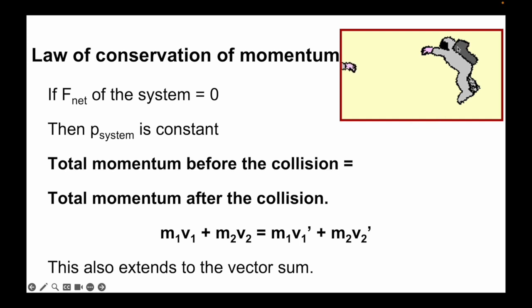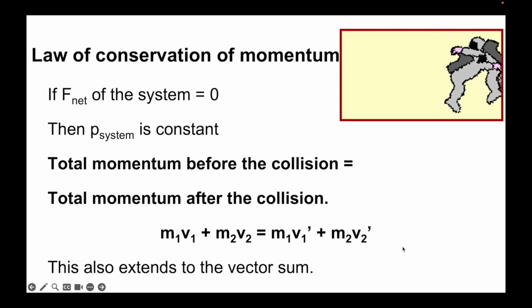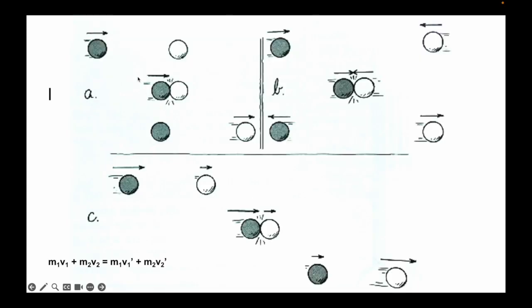You can see our astronauts up here. One is simply floating, one is coming in pretty fast, and then they move away a bit slowly. That's because their combined mass got larger. It also extends to the vector sum of these two. In situation A, we have a ball that's rolling and one that's not.